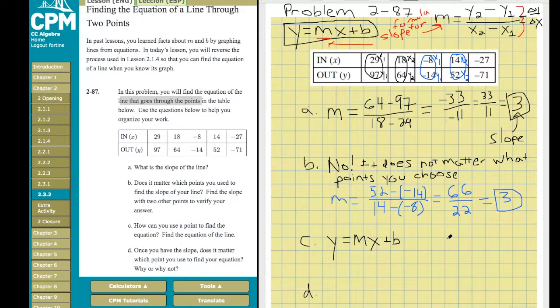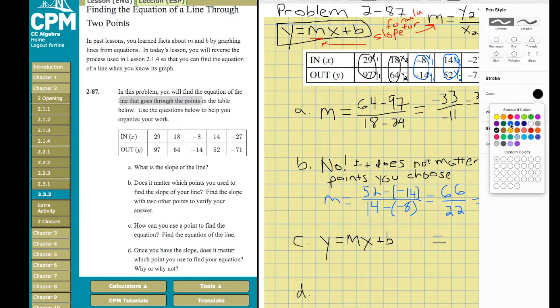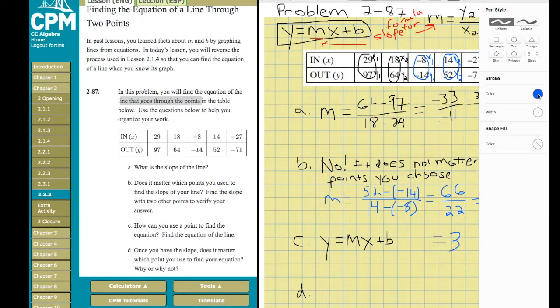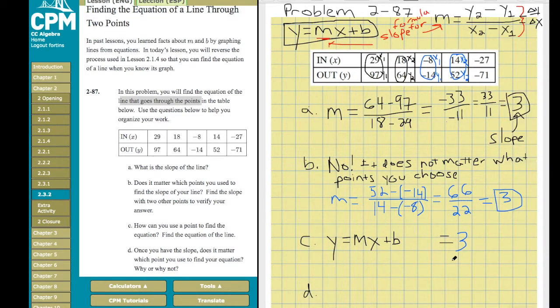But what we can do, what we've been doing the past few lessons, and what you're practicing right now, is we need to solve for b. So the way that we solve for b, we're going to take this m that we got in the last couple steps, which is 3, and then you might be thinking, how am I going to get b if I only know m? Well, the question here: what can I drop in for x?